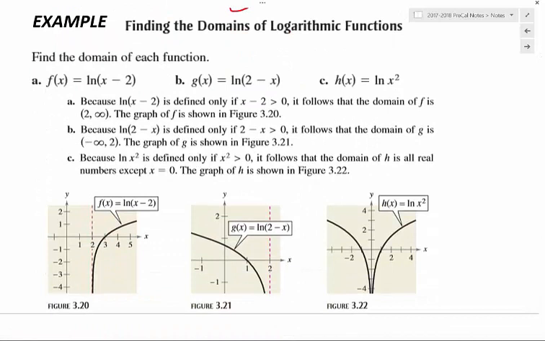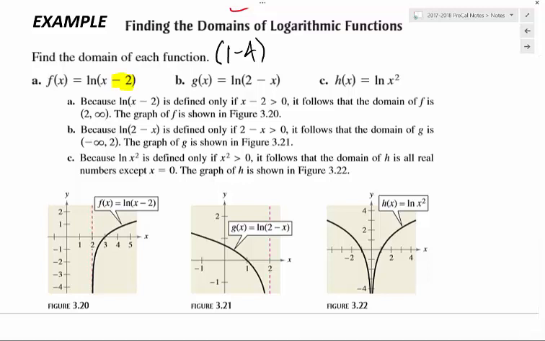Finding the domains of logarithmic functions. Well, what I have here is an example of when you can do some transformations. Just like with any other function that we dealt with in 1-4, transformations of functions, and it might be helpful to review 1-4. But notice when I've got a -2 in here, I know that it's going to go to the right 2 units, so it would follow that the new domain would be from 2 to positive infinity.